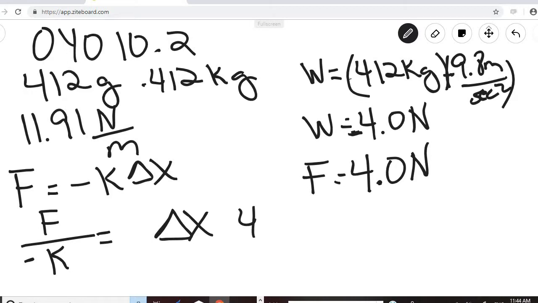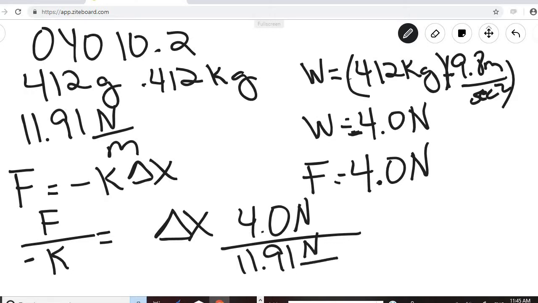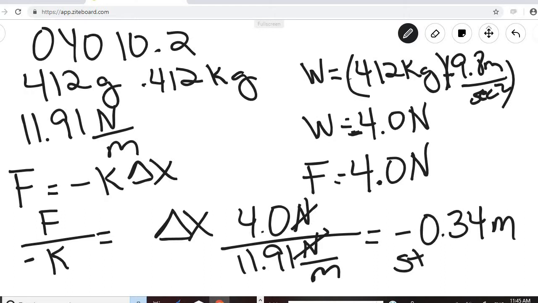So 4.0 newtons divided by 11.91 newtons over meters. Your newtons are going to cancel, and you'll get that delta x is equal to negative 0.34 meters. So this negative indicates that the spring will be stretched downward.